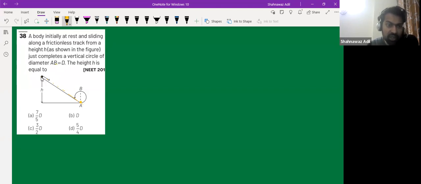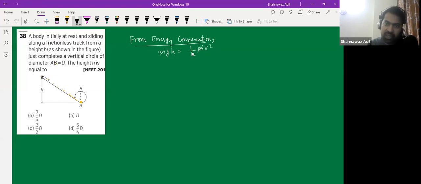And this potential energy, when it is sliding and reaching here, has been converted to kinetic energy, right? So from energy conservation, we can write mgh equal to half mv square.